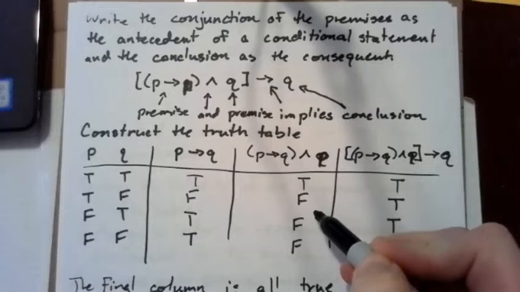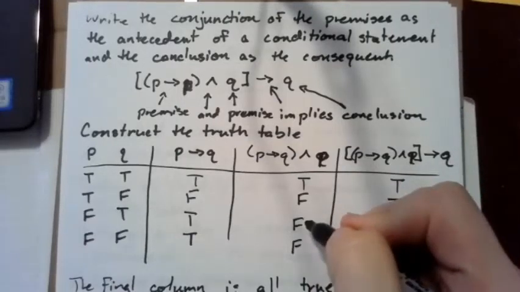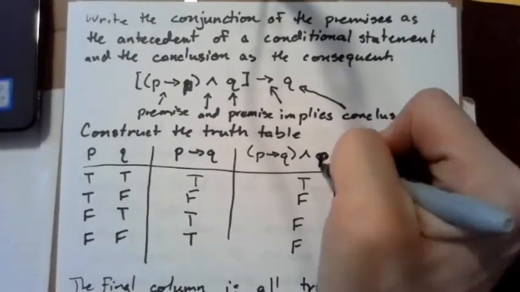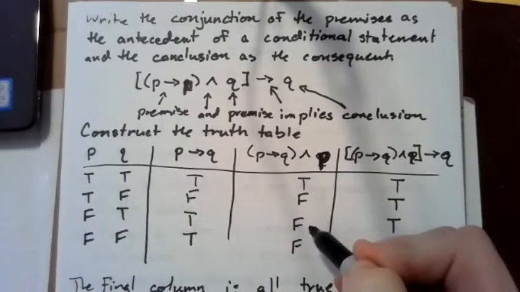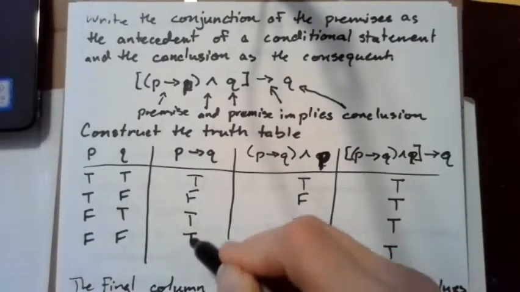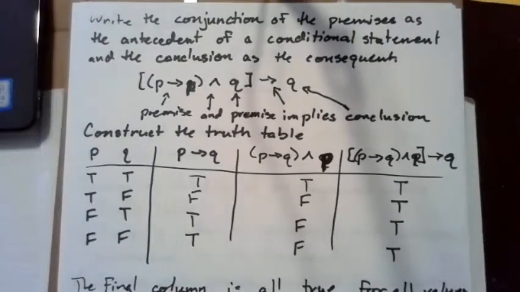In the third row, that should be P, not Q. My bad. But P is false here, so that's false. And again, true and false, so false.